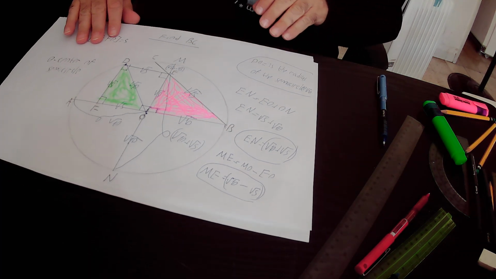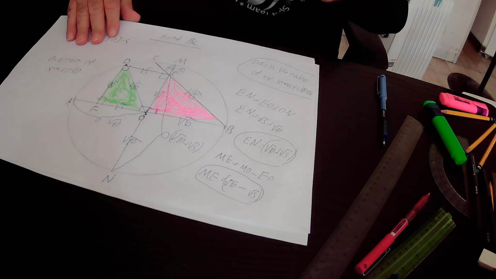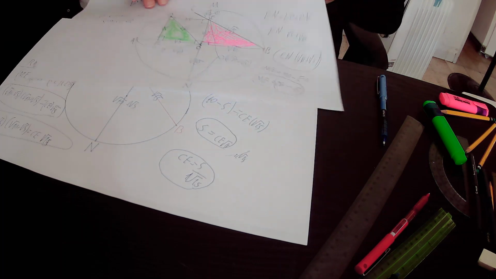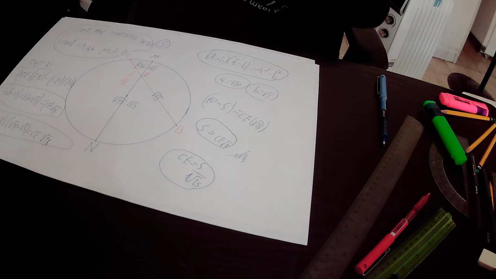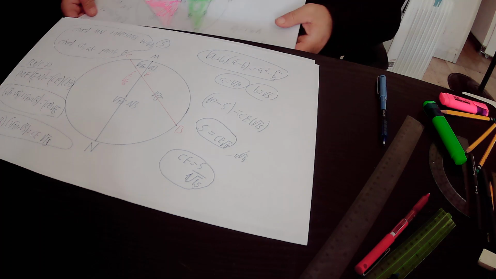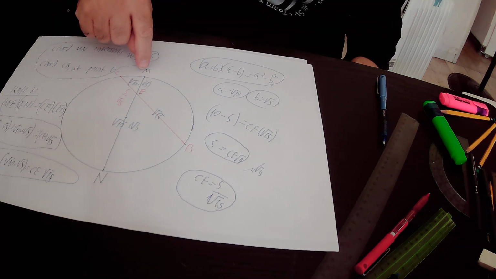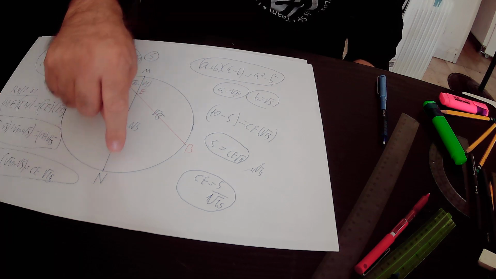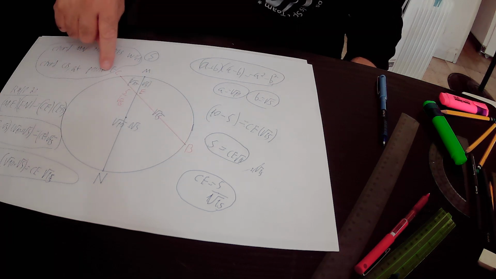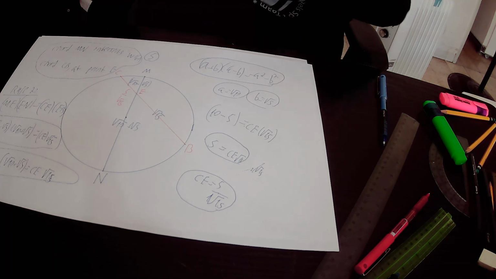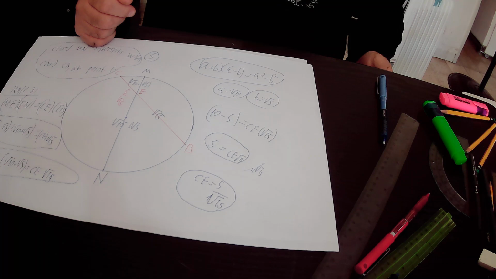I copied the two chords that intersect with each other onto a new page, and we implement rule number 2 in our drawing. You can see here that chord MN intersects with chord CB at point E. Therefore, we can implement rule number 2 here, because we have two chords that intersect with each other internally, inside the circle.